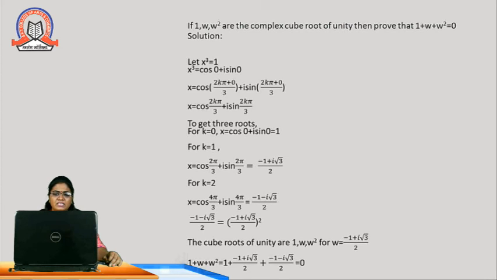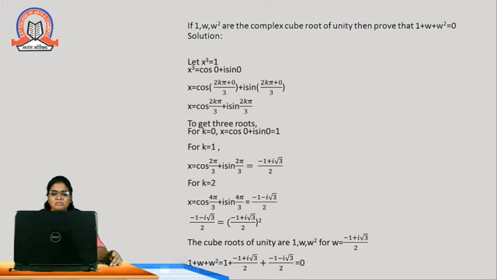After that we are taking the sum of the cube roots of unity, as given in the question, 1 plus omega plus omega square equal to 0. So when we are substituting the value, first root is x equal to 1, second root is minus 1 plus i root 3 by 2, and third root is minus 1 minus i root 3 by 2, and adding this we are getting the answer is 0.